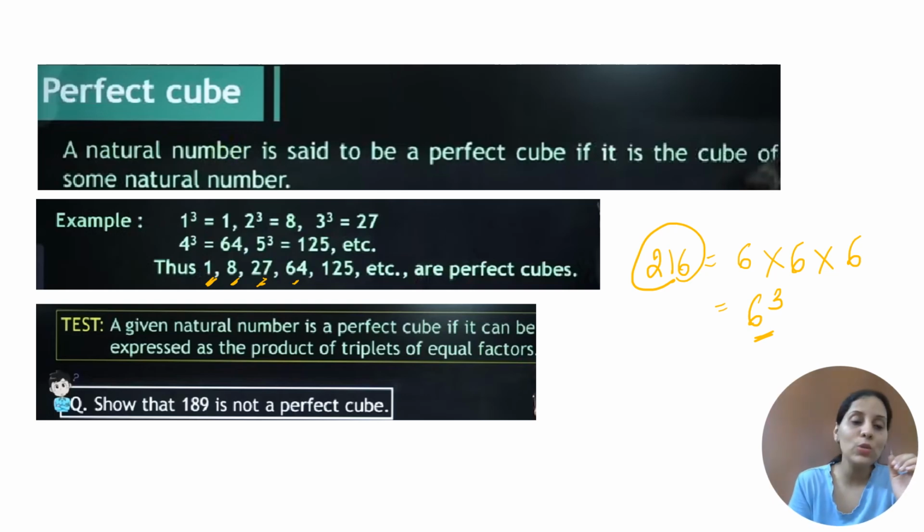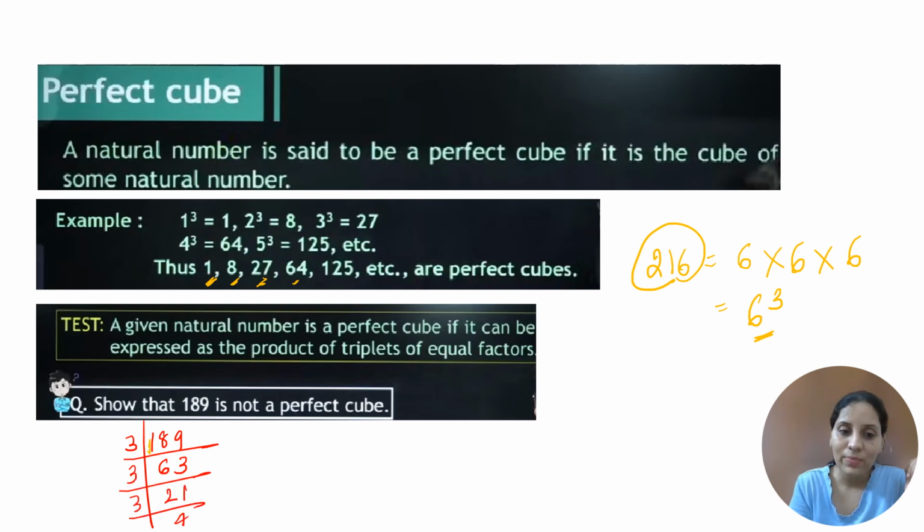Now suppose we need to show that 189 is not a perfect cube. So let us find the prime factors as we did for square roots. It goes in 3: 3 sixes are 18, 3 threes are 9. Again 3 threes are 9, 3 ones are 3, and then 7 is left. So I can write 189 as 3 into 3 into 3 into 7.